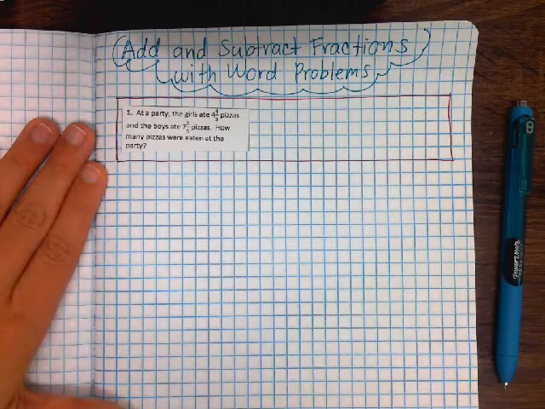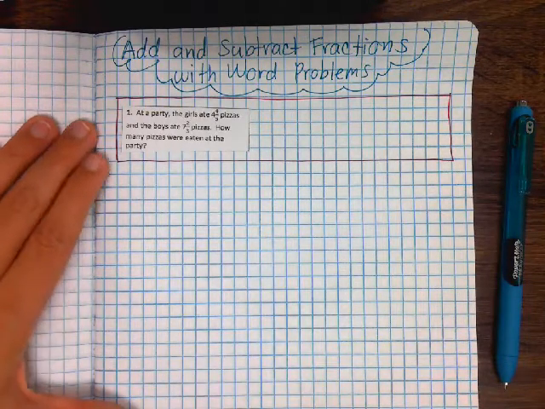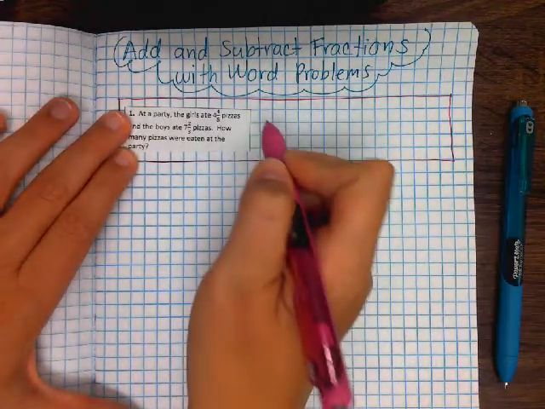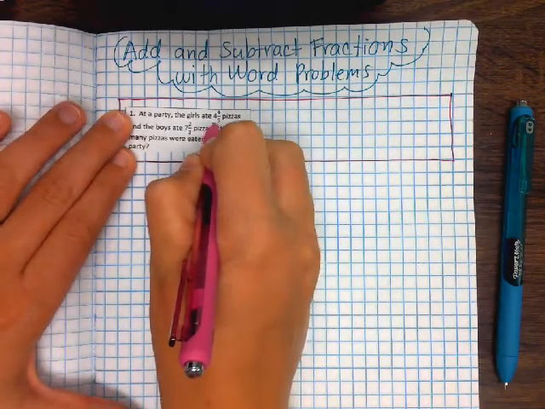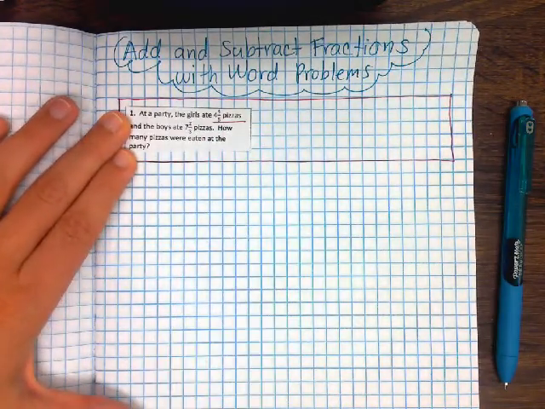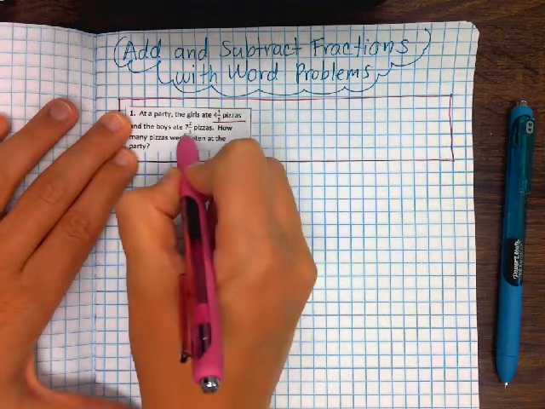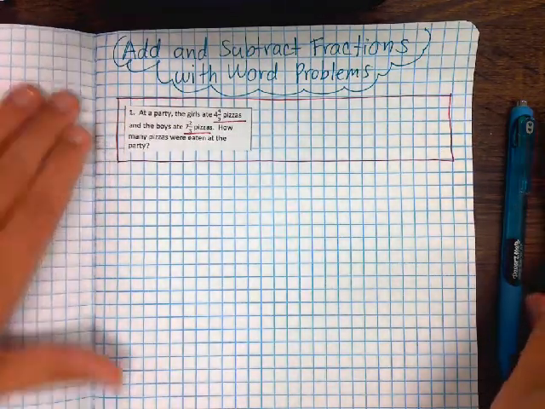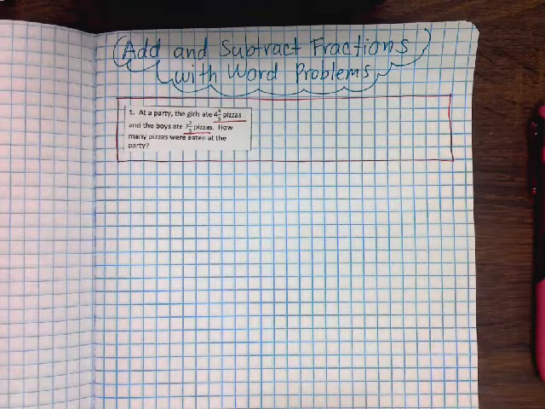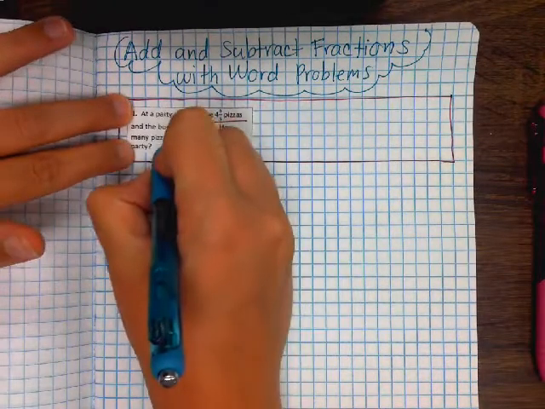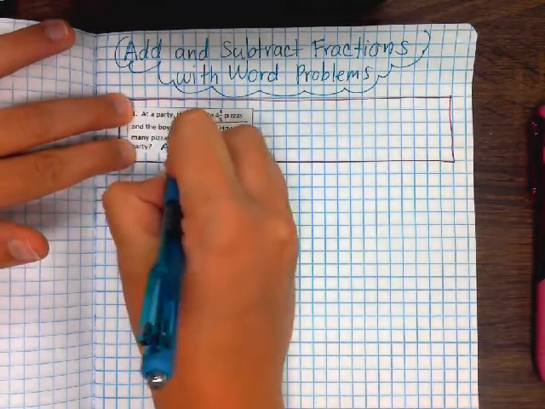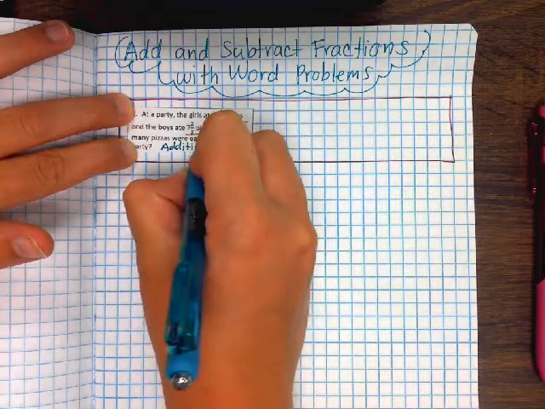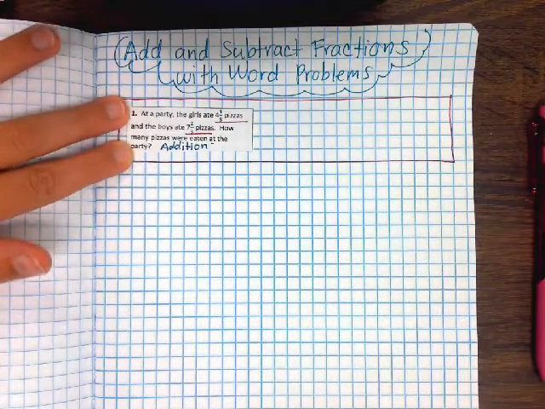So the first step that we're going to do, we are going to underline our important information. So the girls ate 4 4/5 pizzas. The boys ate 7 2/3 pizzas. How many pizzas were eaten at the party? So to me, that seems like it is going to be addition because it wants us to see how many were eaten all together.